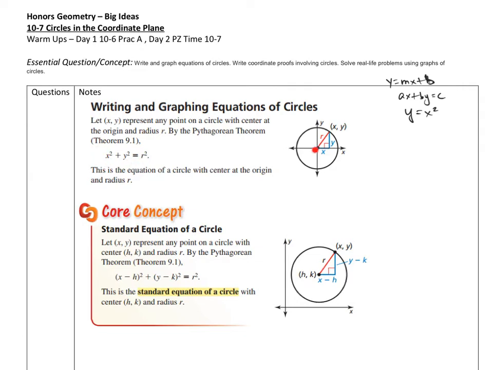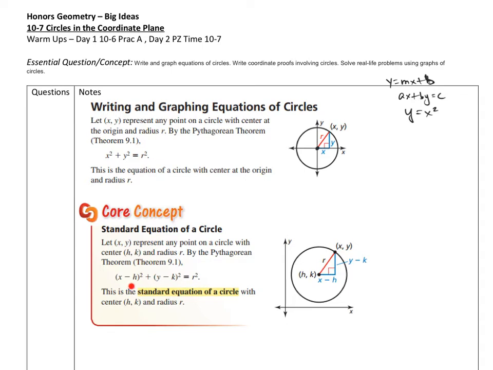But now, what if I shift the center from this origin to somewhere else? Here's a situation where the origin is right here and my circle is centered somewhere else. What I have to do is subtract out what I moved in the x and subtract out what I moved in the y for the center point, and that's all it is.